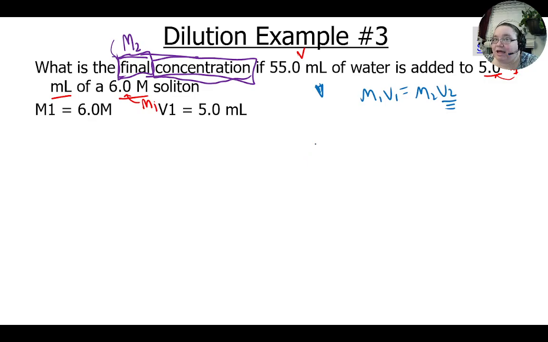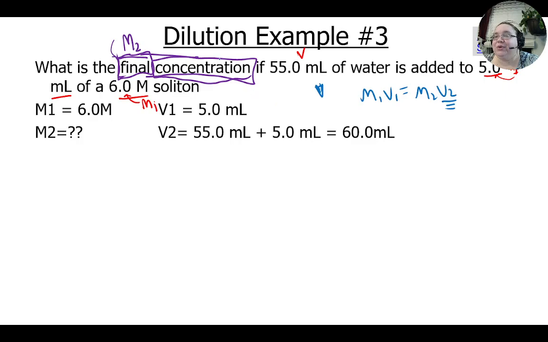I'm now finding out how much these are together. So if I'm saying we're adding this amount of water, then yes, you're going to need to add those 2 numbers together to get your V2. So that V2 is not 55 milliliters. My V2 is 60 milliliters because the final volume is going to include the concentrated solution plus the water.